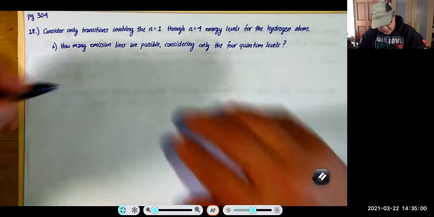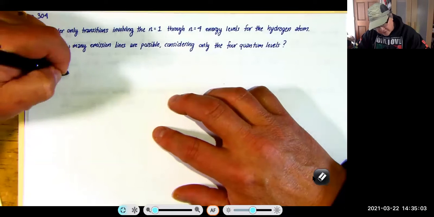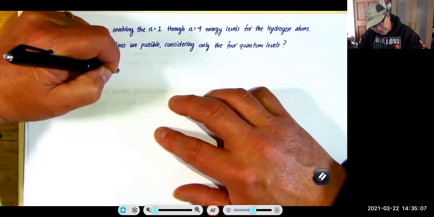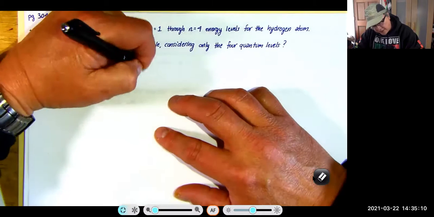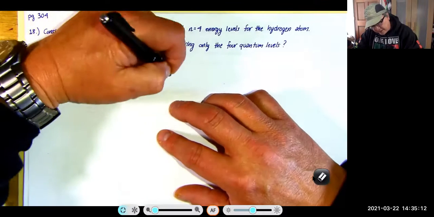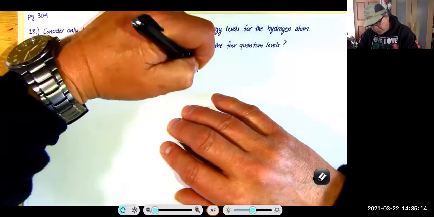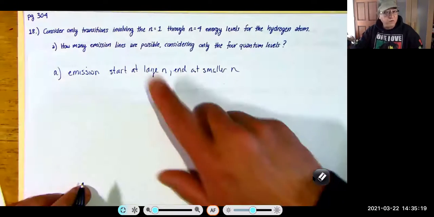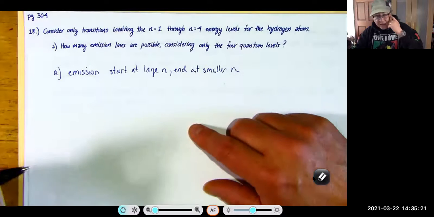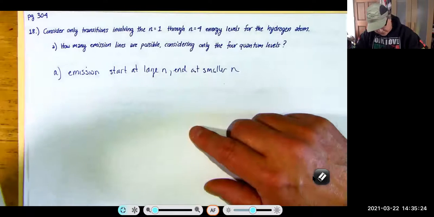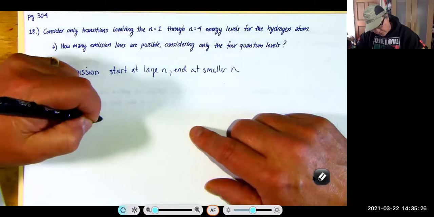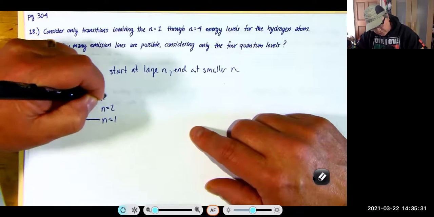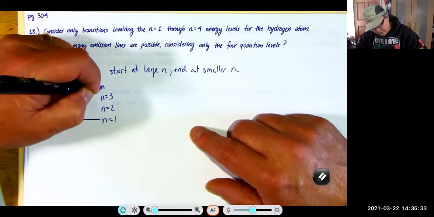The fact that they are emission means that they start at large n, and they end at smaller n. So we're looking at n equal 1 through 4. Now I don't like to draw circles for the energy levels, so I'm just going to do n equal 1, 2, 3, and 4.